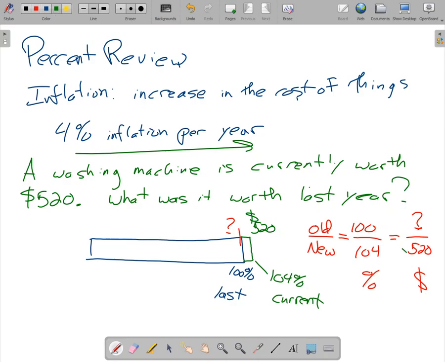So you could do the cross multiply and divide trick to solve it. So do that and see what you get. And then we'll look at it a slightly different way.